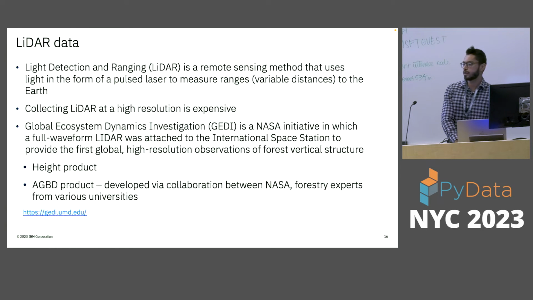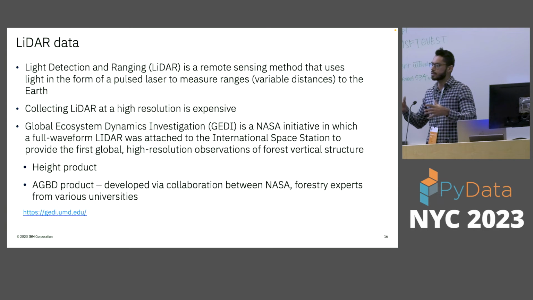Usually there are some sources where you can get it for free. There is some publicly available LiDAR, and sometimes you have to buy this kind of data. So we have something called GEDI from NASA, which is the Global Ecosystem Dynamics Investigation. It's an initiative by NASA which uses LiDAR. They have this sensor placed on the International Space Station, and they send laser pulses to the Earth, and they cover the whole globe using those laser pulses every few days.